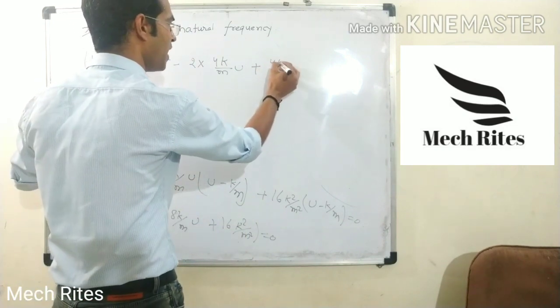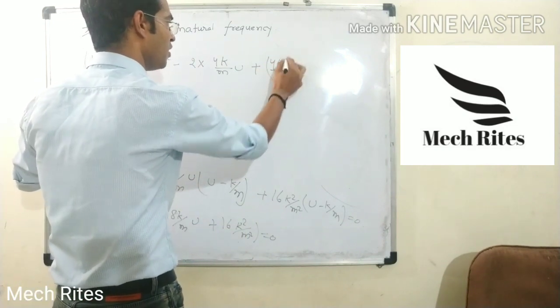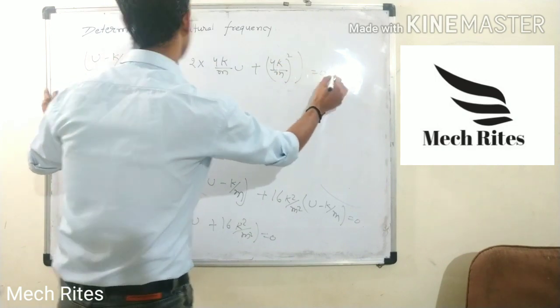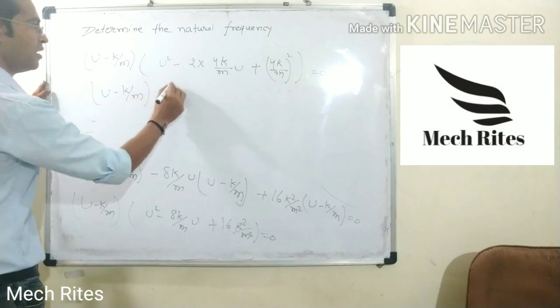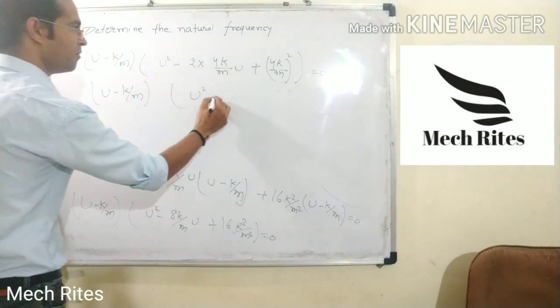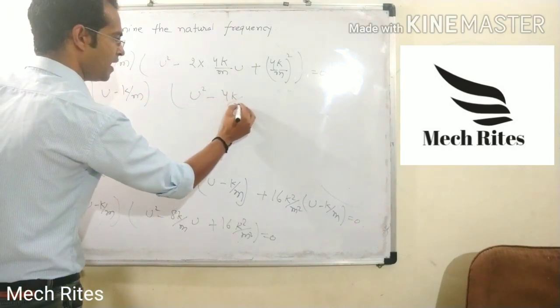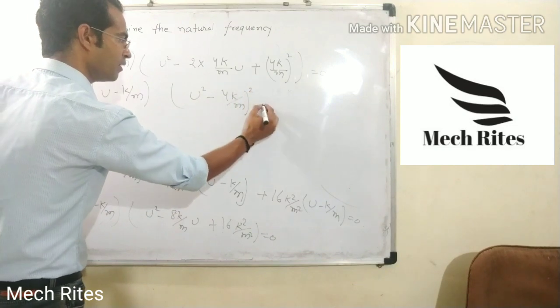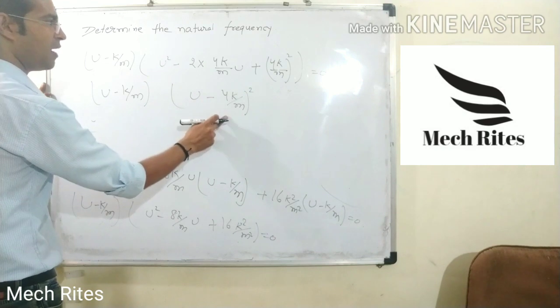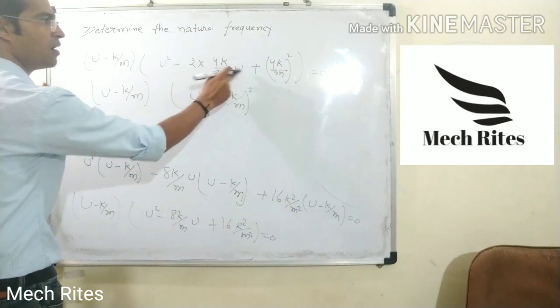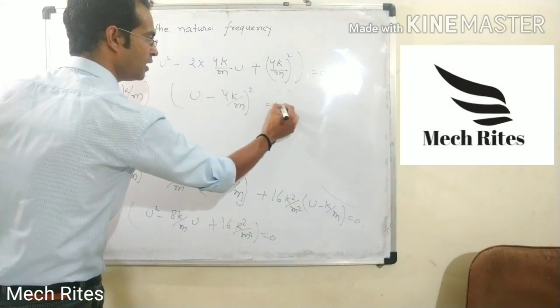So 4k by m whole square will be 0. So u minus k by m and u minus 4k by m whole square, a square minus 2ab plus b square will be 0.